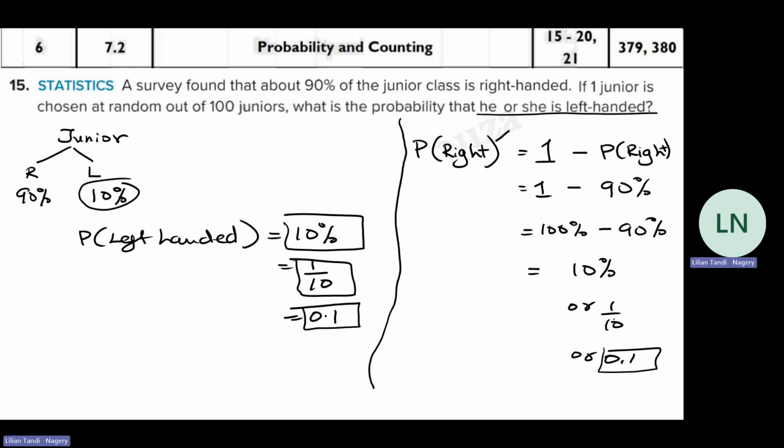In decimal form, in fraction form, in percent form. Okay, probability of being left-handed means probability of not being right-handed. Okay, so probability of not being right-handed means you take the right-handed and you remove it from 1.